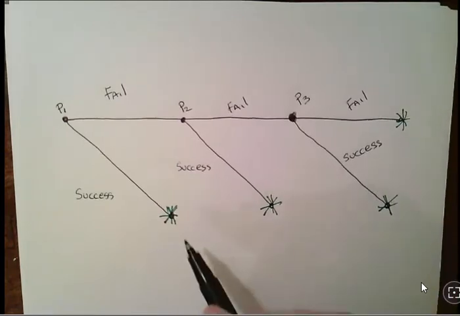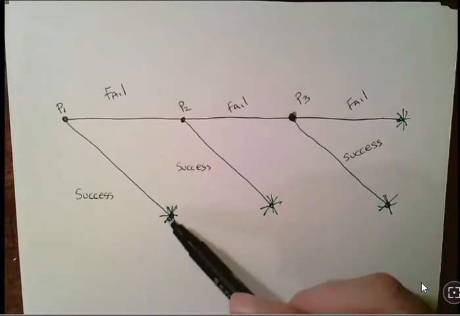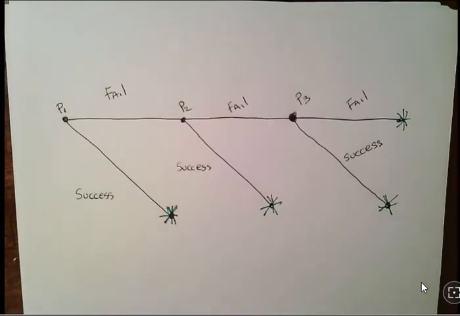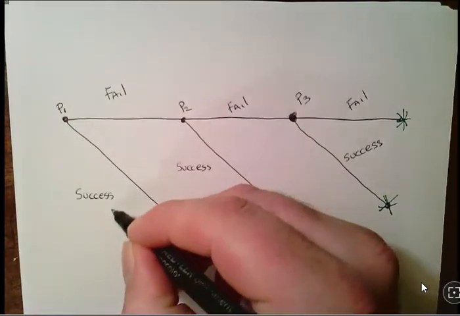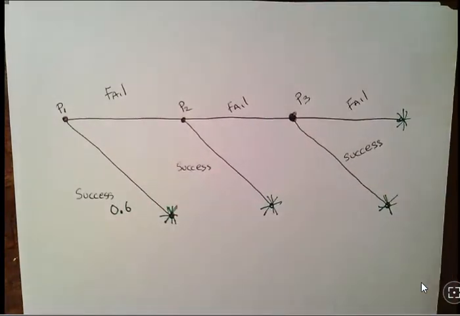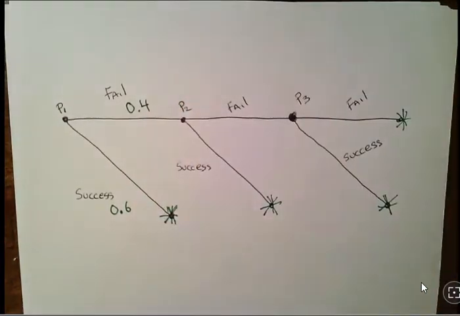So this is the patient successfully treated after the first prescription. We know that the probability of success of the first prescription is 0.6. That means the probability of failure from the first prescription is 0.4.